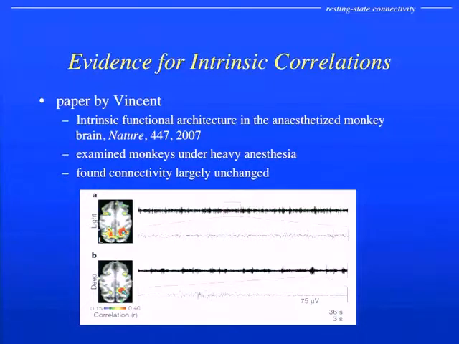I mentioned already the work by the Raichle group and Vincent at WashU. In a Nature paper in 2007, they showed that monkeys, even under heavy anesthetic, still had connectivity. They could place a seed in the frontal eye fields and still pull up the visual cortex and see strong connectivity.